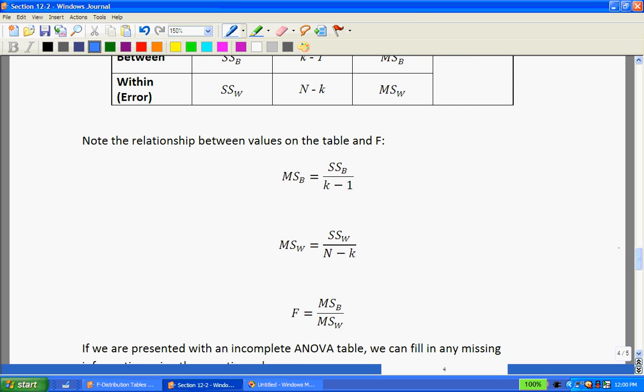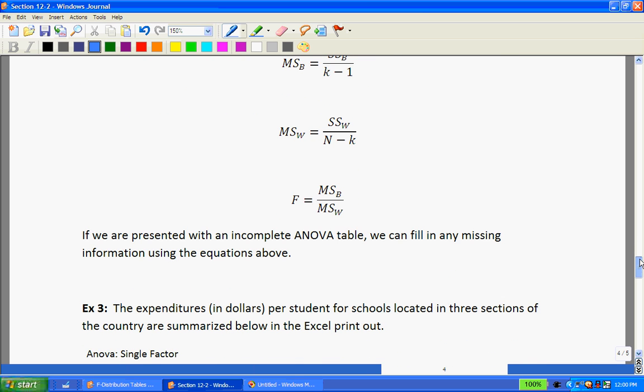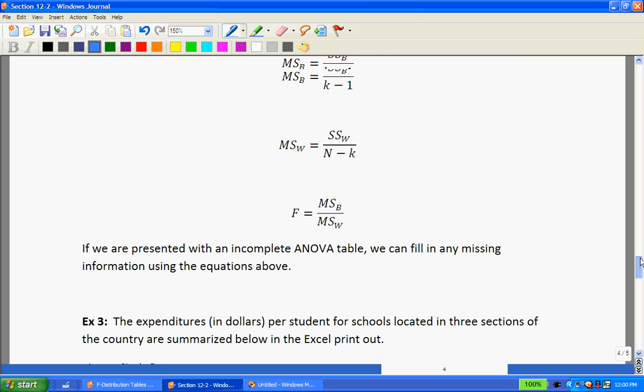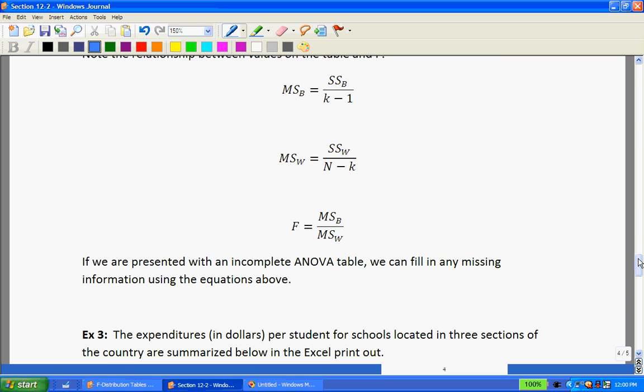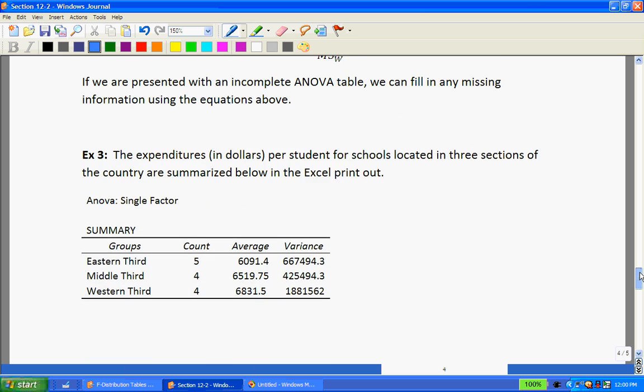And then finally, once I know those two values, if I take the mean square between divided by the mean square within, that's my F. And we talked about that earlier, the variance between versus the variance within. So even if we're presented with an ANOVA table and it's incomplete, knowing those relationships, we can fill in any missing information. So keep those equations in mind, and we're going to move on to example 3.